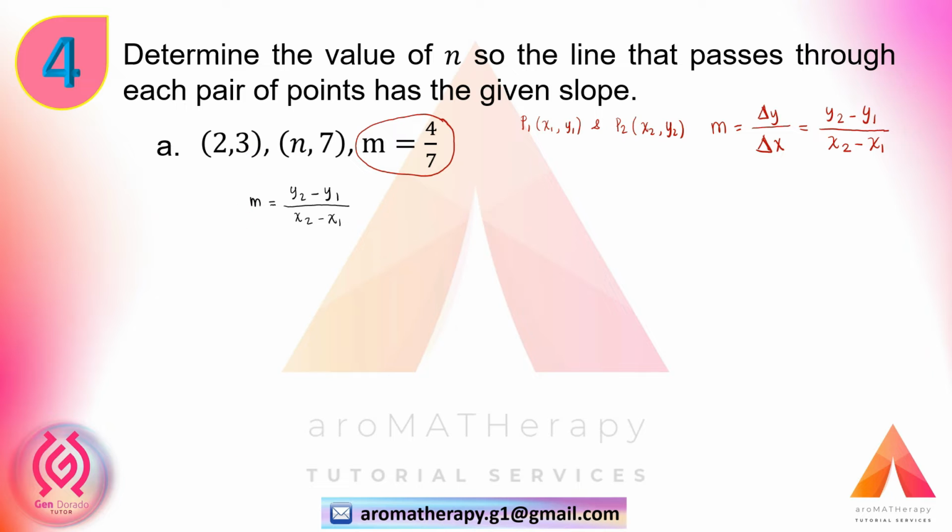So, dito mo siya isulat. 4/7 is equal to... Okay, we need to denote values for our P sub 1 and P sub 2. So we let P sub 1 be equal to (2, 3) and P sub 2 be equal to (n, 7).